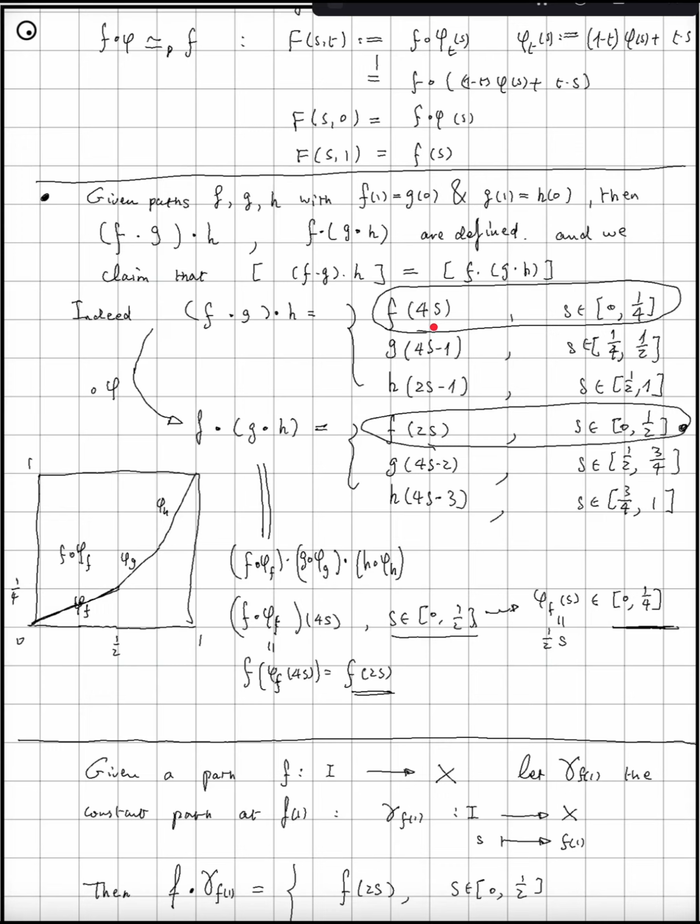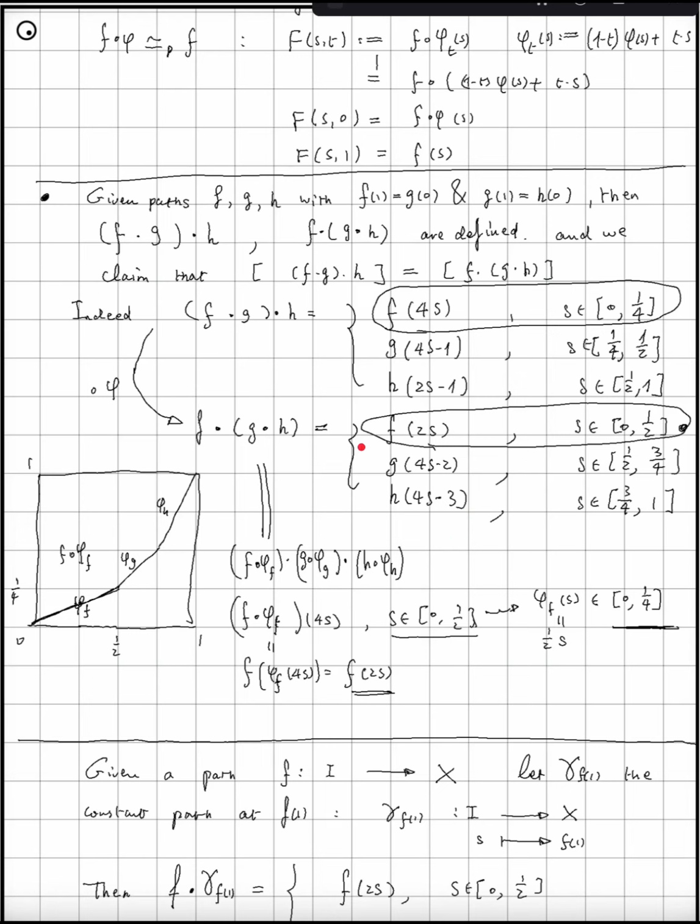By definition, this is changing linearly, and make sure that s goes from the left point to the right point: f starts from f0 and ends at f1, then g0 and g1, and then h0, h1. Similarly, we have the second path, in which f takes half the time and g concatenation with h takes the other half. And then we want to show that they represent the same homotopy class.